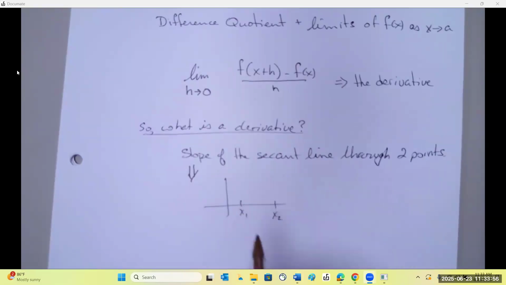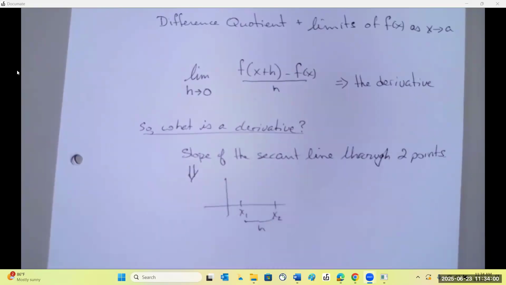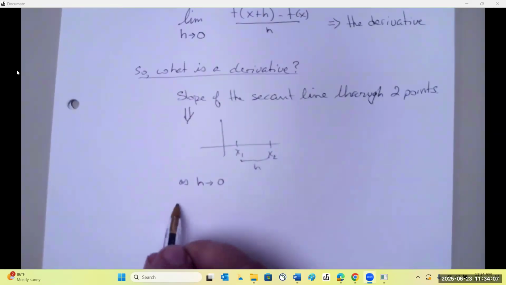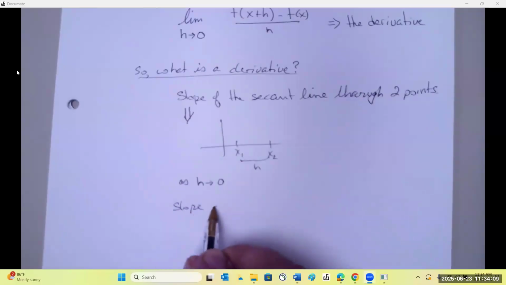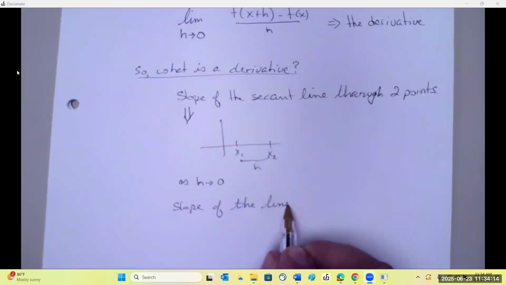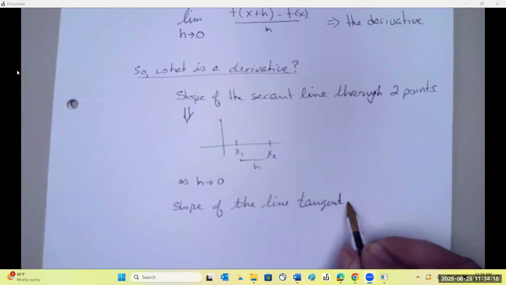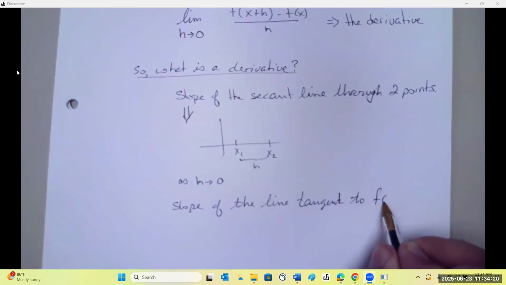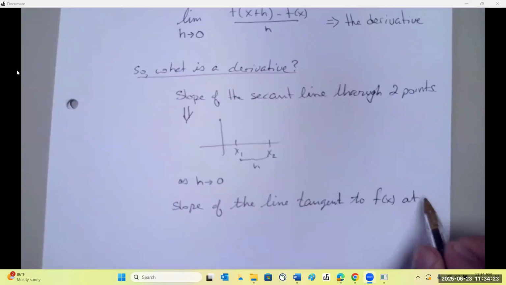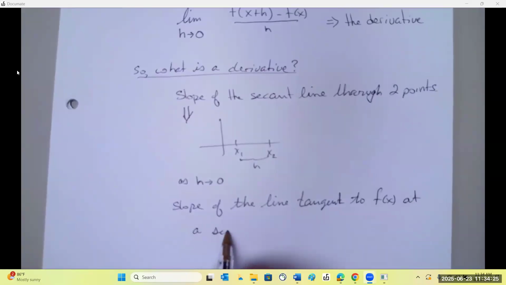X1 to X2, we call this distance h. As h went to 0, we now found the slope of the line tangent to the function at a single point.